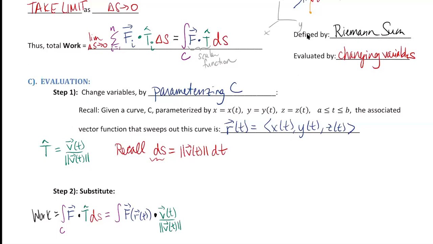And then I'm going to replace ds with my speed dt. And so notice what's going to happen. Oh, and t in this case is going to go from a to b. But in this case, this speed here is going to cancel with my Jacobian speed. So this integral is actually going to simplify to be given just by this. And so this is going to be how we actually calculate it.